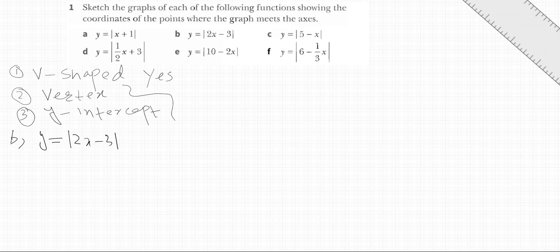Again, the solution is, first write the equation without the absolute sign.